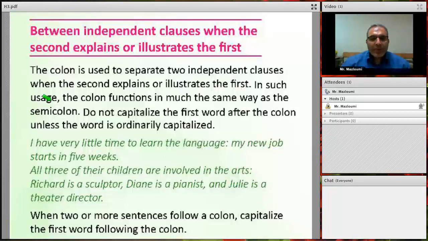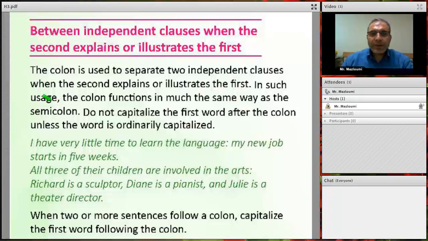Do not capitalize the first word after the colon. Okay, remember, you shouldn't capitalize the first word after the colon unless the word is ordinarily capitalized. Ordinarily means usually.